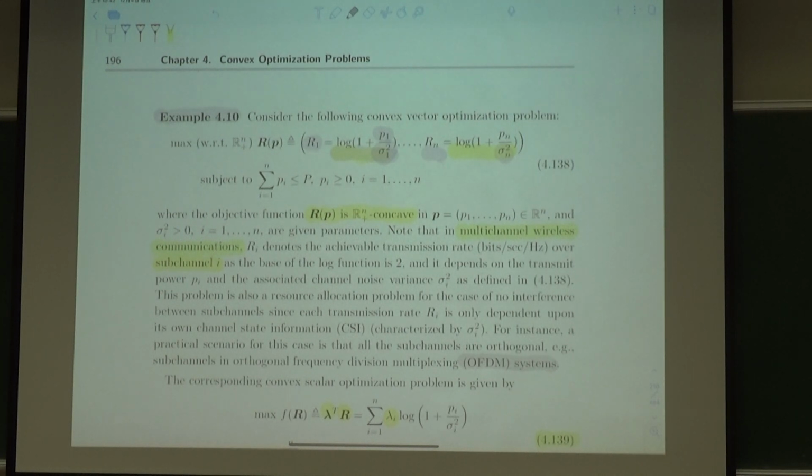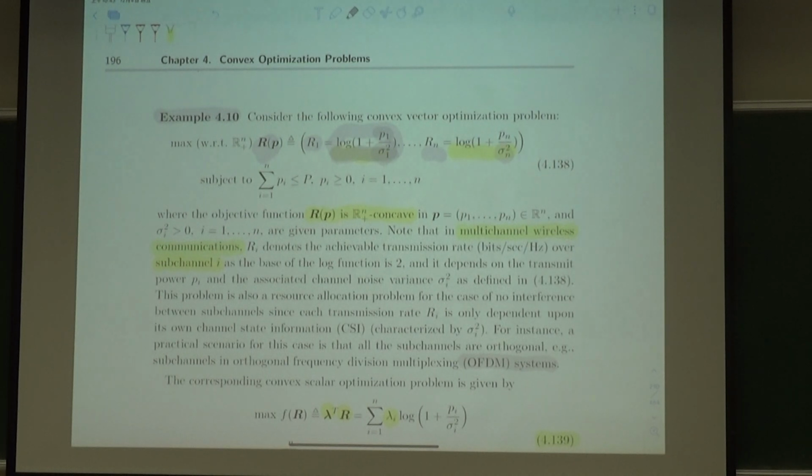First of all, let me ask you, this objective function is a vector, right? Is that K convex? Look at this. R1 is a function of P1, the variable, which is the power for subchannel 1. Is this a convex function of P1? It's a concave function.